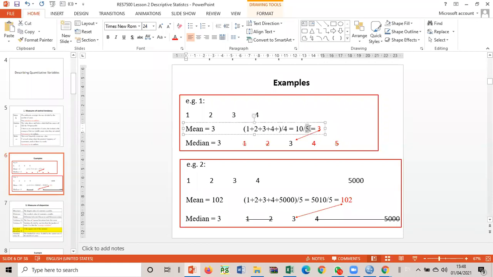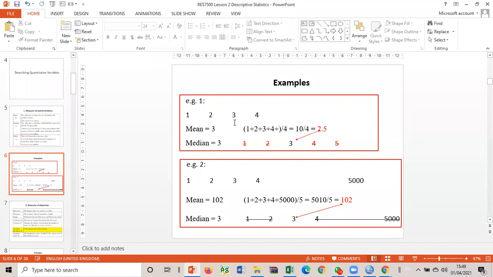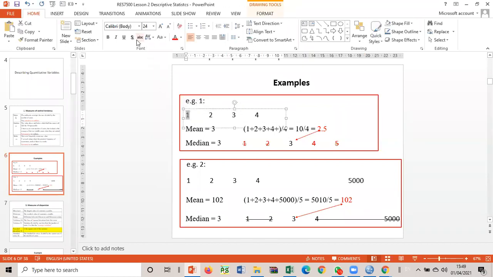Divide by 4. Answer 2.5, right? Median. Let's say cut one to the left, cut one to the right. Now this center, right? Take the average of these two. So the median will be 2.5. Are you okay? Yes.